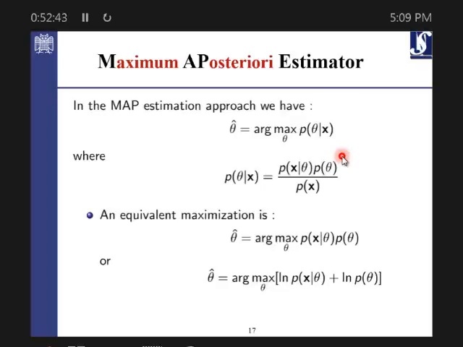And it's interesting, if your likelihood function and your prior belong to the exponential family, again, you can apply the logarithm and change this multiplication to summation. And then any argument, the parameter theta, which maximizes the right-hand side, is the same answer as this posterior one. And that's called the MAP estimator.